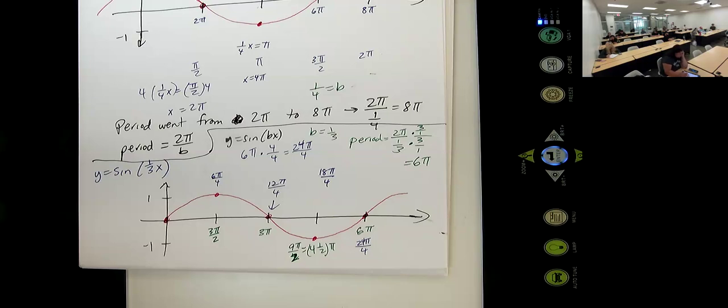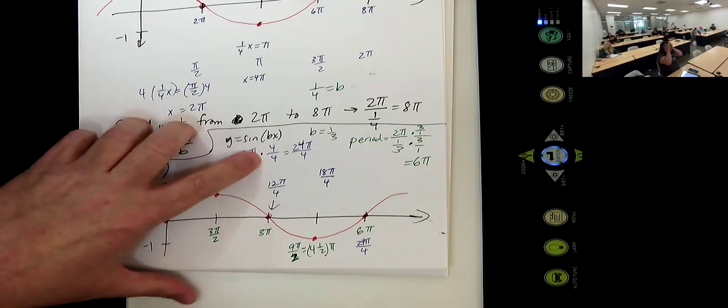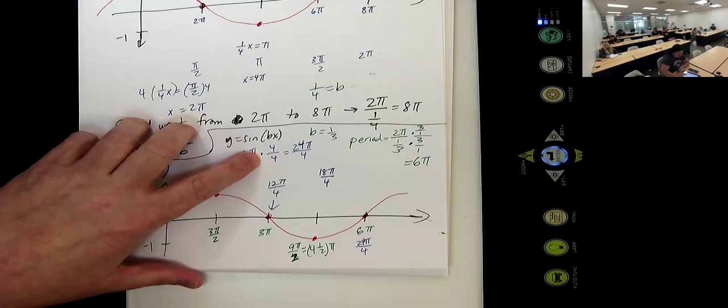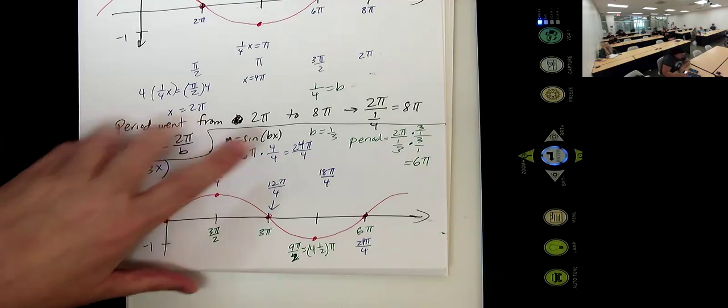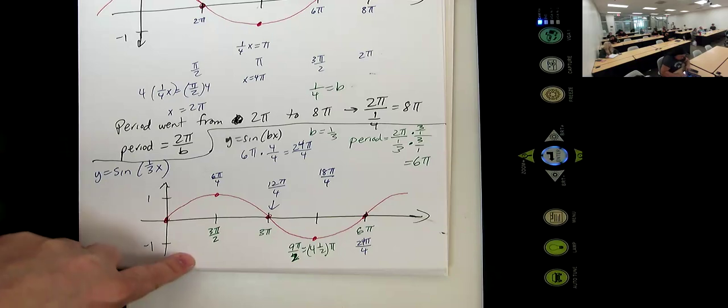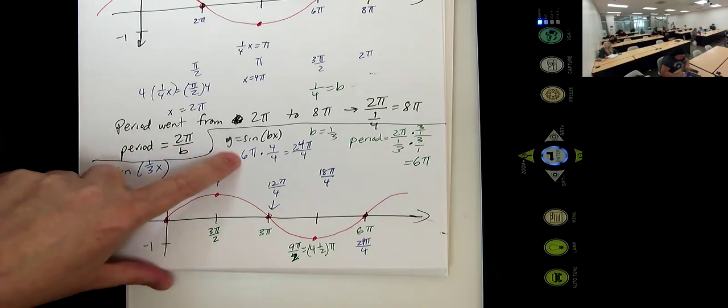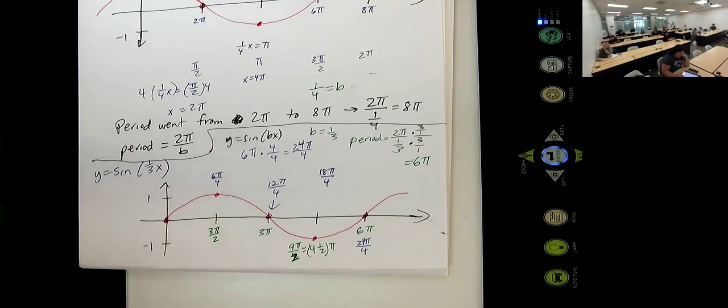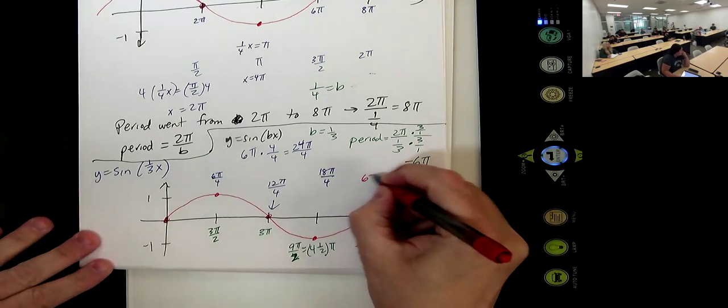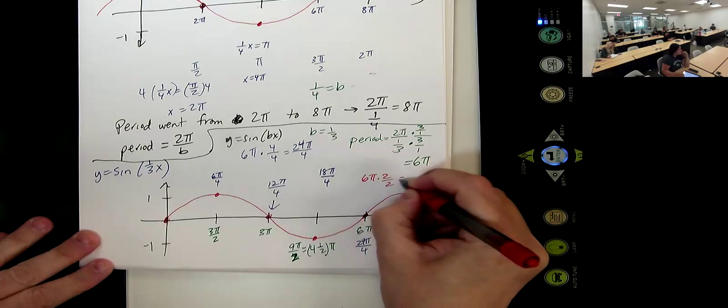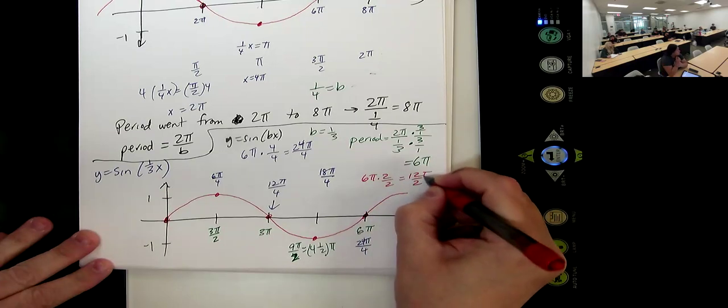Now, I usually tell you to do 4 over 4, because 4 over 4 will always work. Sometimes you gotta reduce. If this number is an even multiple of pi, you can just multiply by 2 over 2 instead of 4, and you can get it just as easily. If I had done 6 pi times 2, I would get 12 pi over 2.